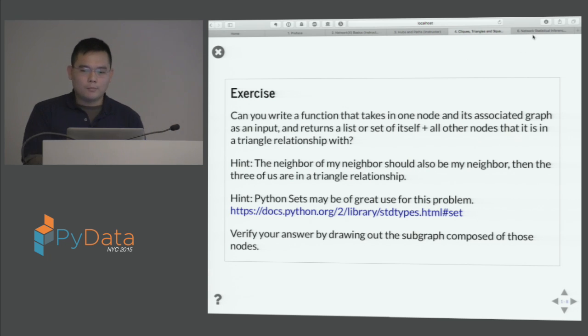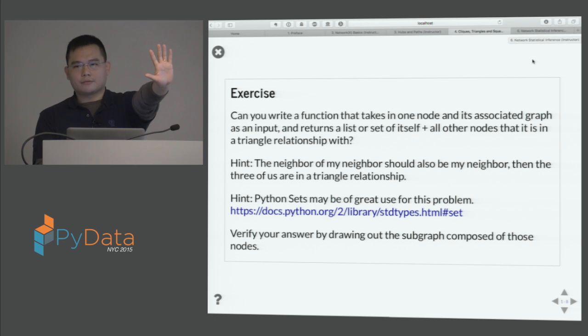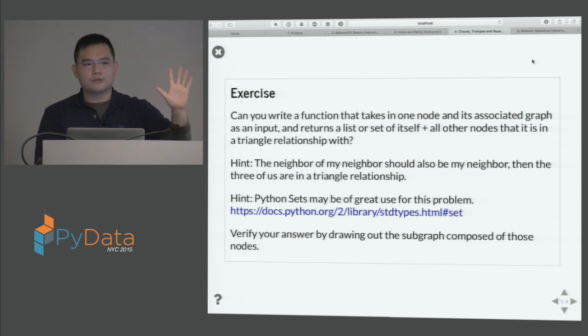So notebook number 5 in the interim is a notebook that shows you how to load data from a CSV file into a NetworkX graph that you can start to play with. In my opinion, it's not the most important thing that I wanted to convey to you. So I've given you all of the code. You can modify it. You can change it for your own purposes if you ever have network problems that you need to solve in the future. So we're going to skip number 5 as well.